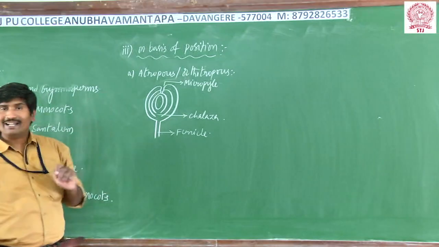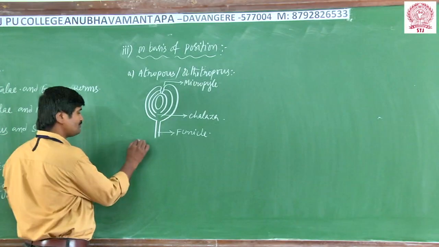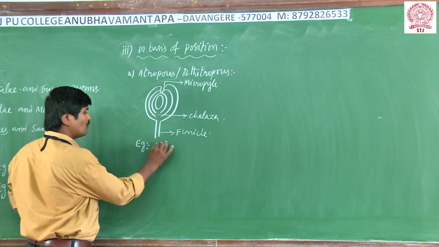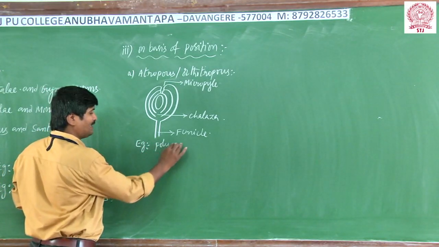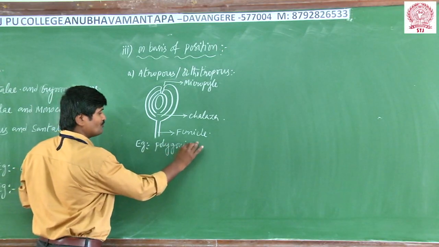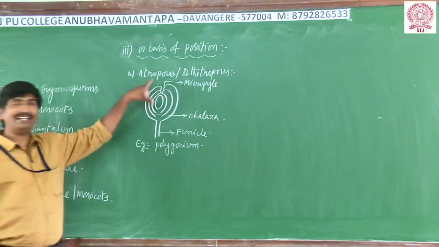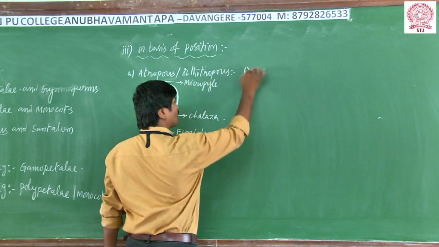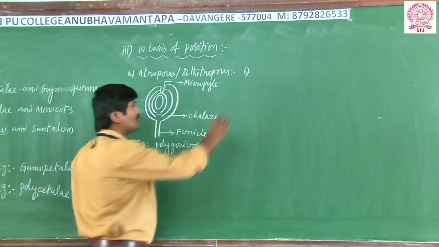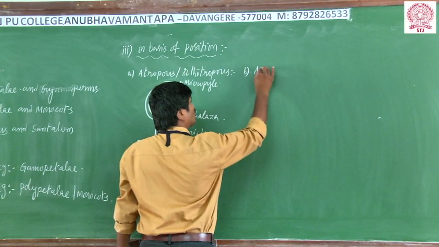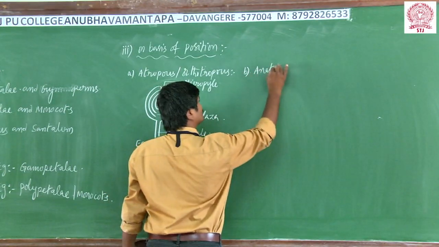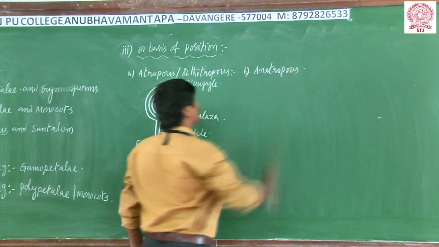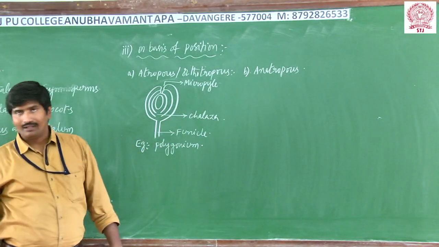The example for atropous ovule: Polygonum. Second one, anatropous ovule.